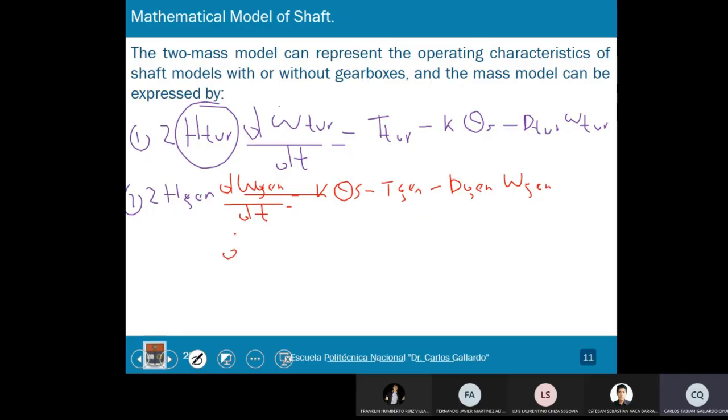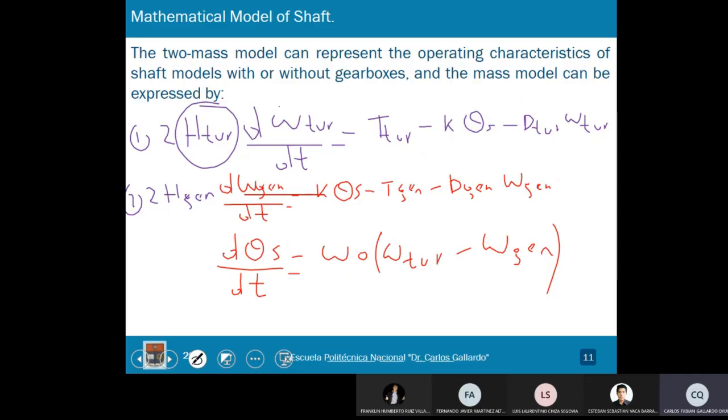And finally, in order to have the 2 masses, I need the relative angular displacement of these 2 masses. I will call this theta s. This is equal to the synchronous speed times the rotor speed, the speed of the wind turbine, minus the speed of the generator rotor.